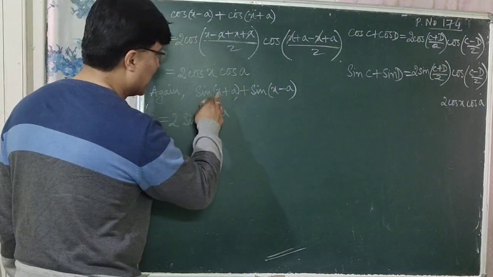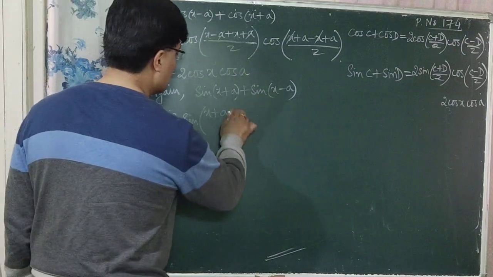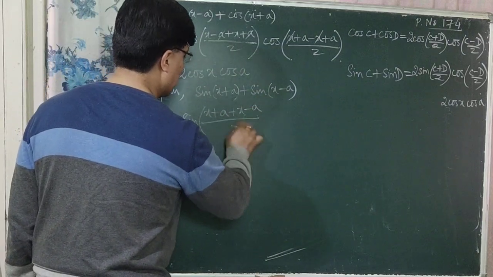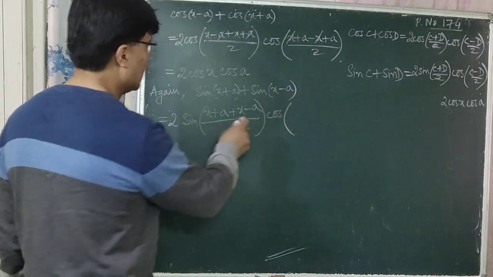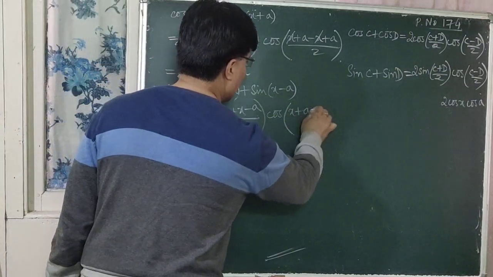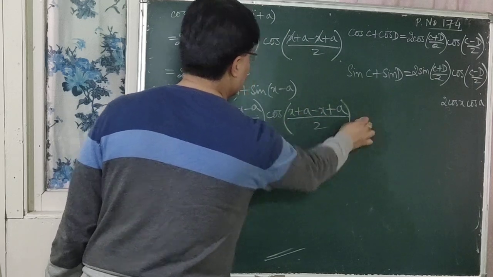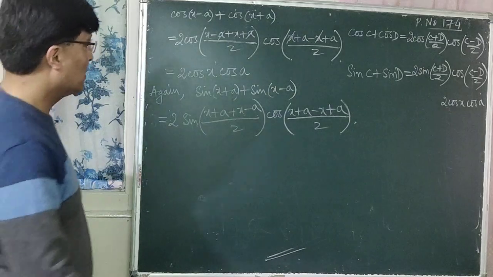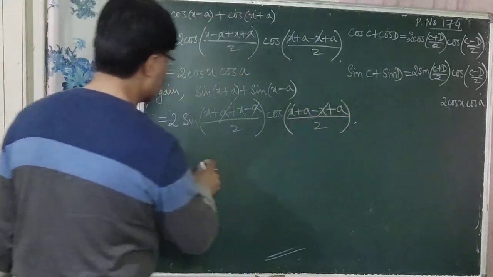That's why you take c as x plus a and d as x minus a. So (x plus a plus x minus a) by 2 and then cos (c minus d), isn't it? That is (x plus a minus (x minus a)) divided by 2, right? So here the a cancels, here x cancels.